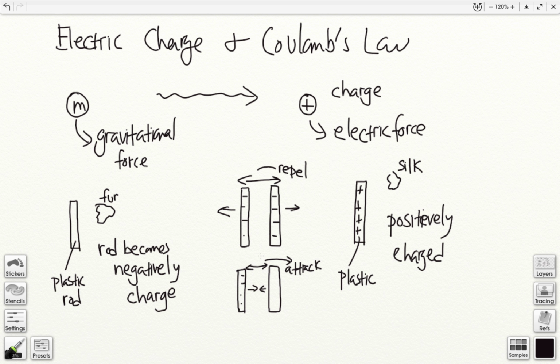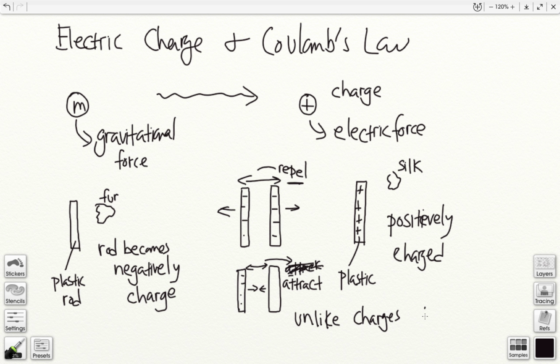So this demonstrates we see two types of reactions between objects. We'll see them repel, or sometimes we'll see them attract. And in cases where they attract, they have different charges, unlike charges.